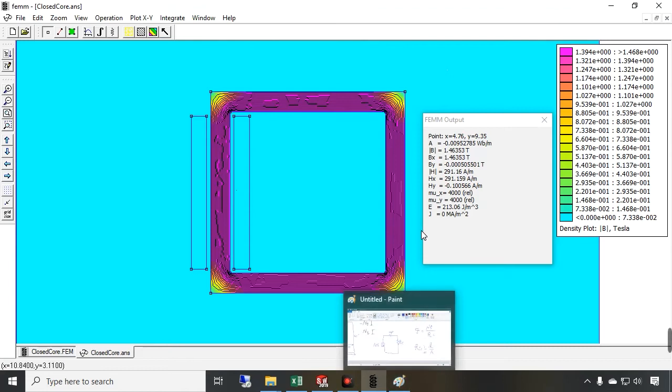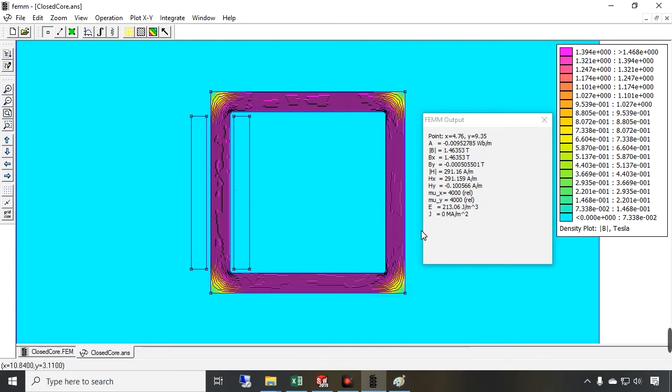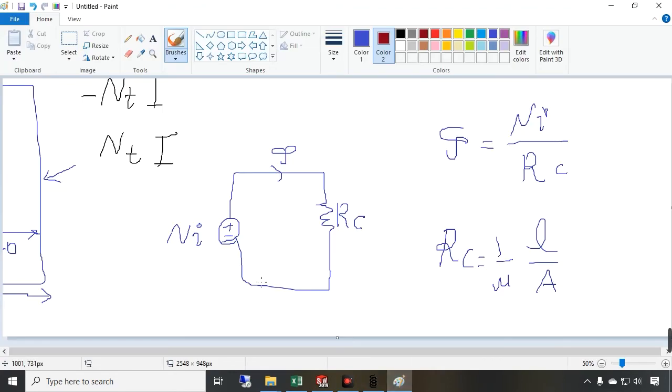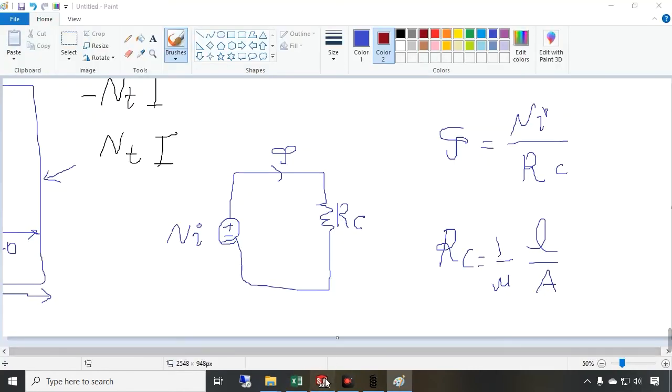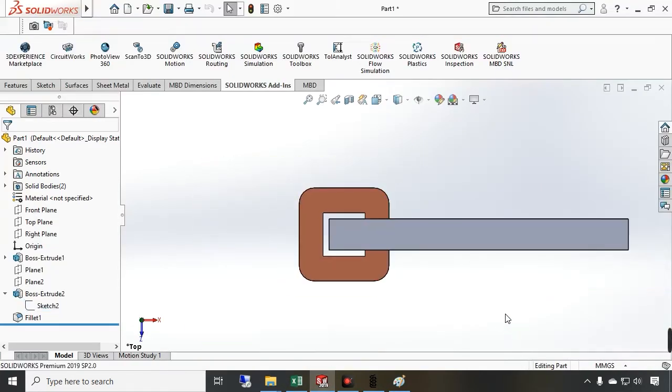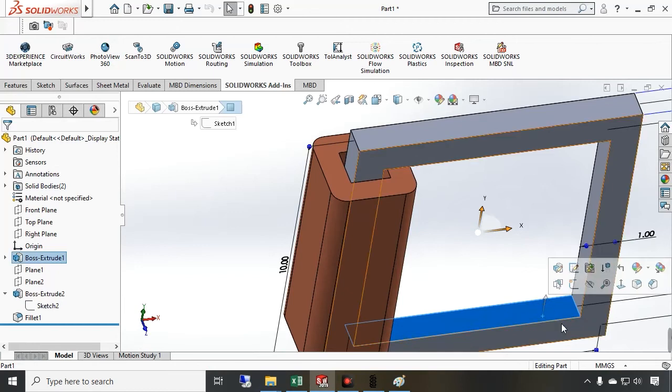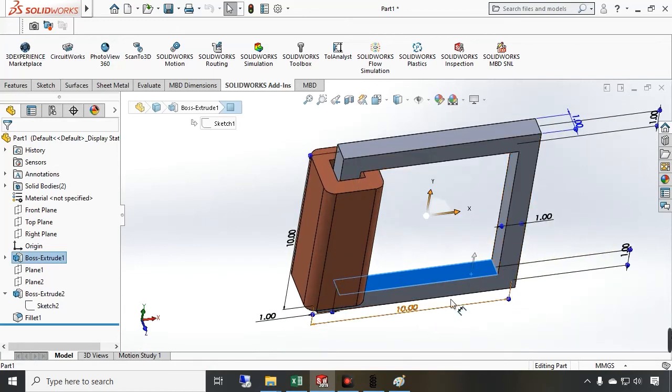If we want to solve this problem analytically, we should solve this equivalent circuit. So here are my calculations. The width of the yoke is 1 and the depth is 1.